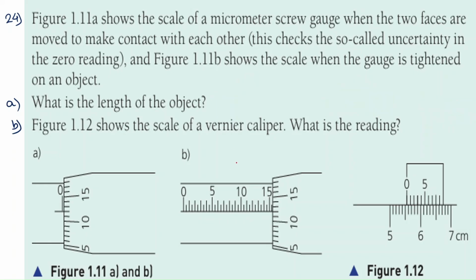In this case, after taking the reading, I got the result: 15.5 in the main scale reading plus the line that coincides, the 12th line, so 12 into 0.01.